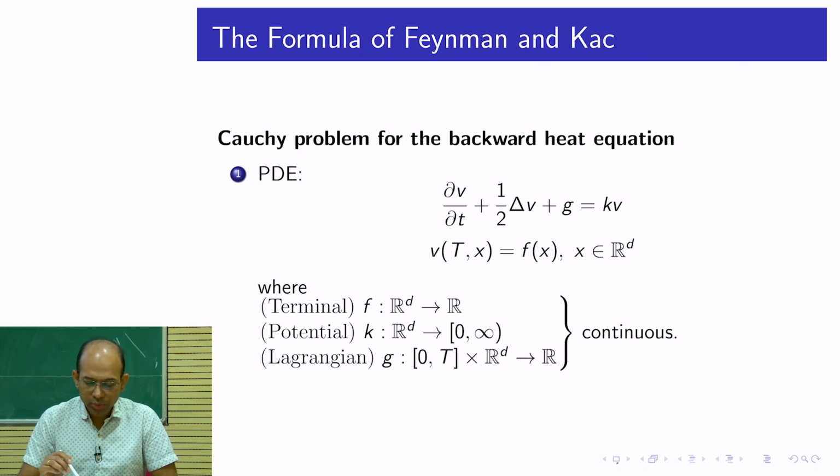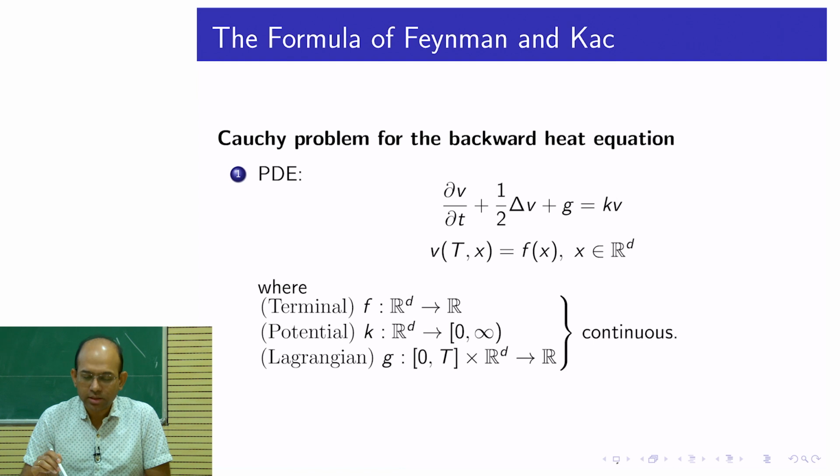We would like to solve this equation with a terminal condition at capital T: v at capital T is the function f, where the functions g, k, f are all continuous. Here a better description is given. We assume f, the terminal condition, is a continuous function taking a point x to a real number, so R^d to R. The function k, which we call the potential function, is also a function of x.